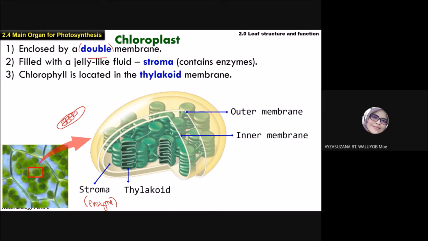Ini adalah dia punya thylakoid. Okay, so bila kita potong, kita nampak dalam thylakoid macam ni, the green colour. So, dalam thylakoid ni lah terletaknya chlorophyll. So, kalau ada soalan tanya, where is the location of the chlorophyll? So, chlorophyll is located in the thylakoid membrane.